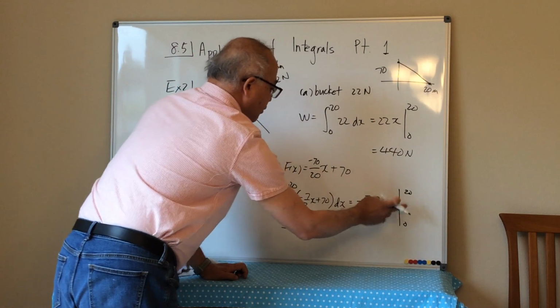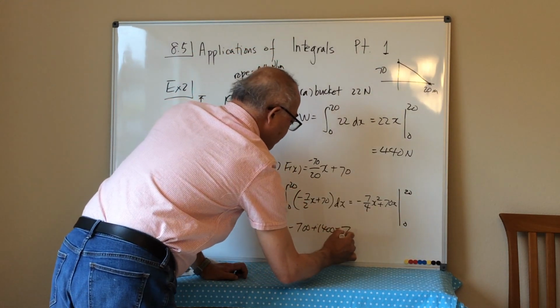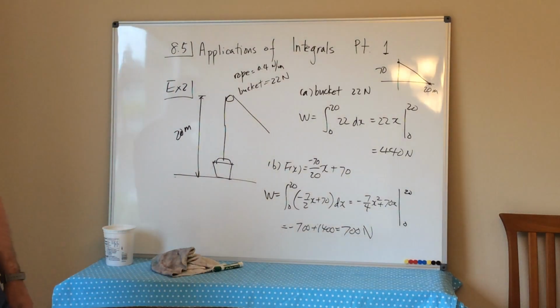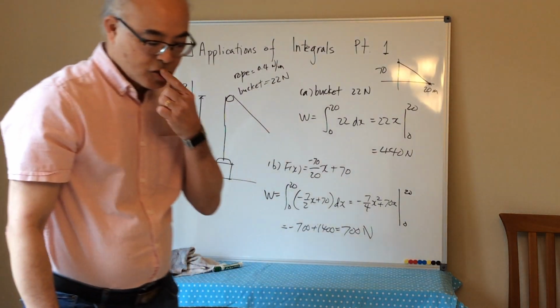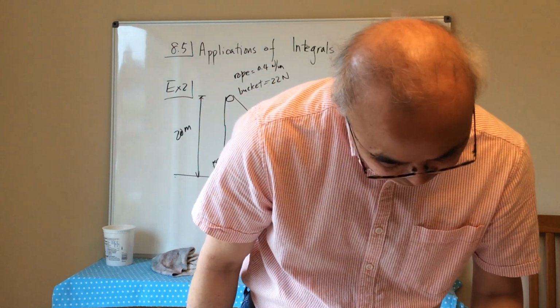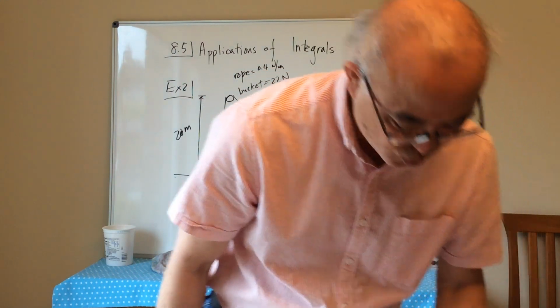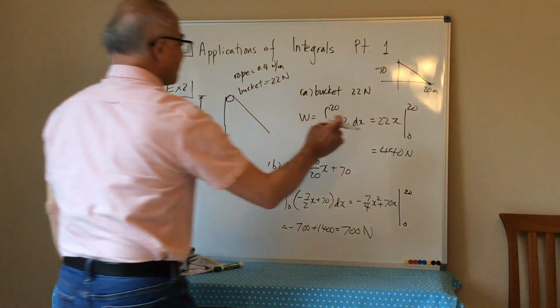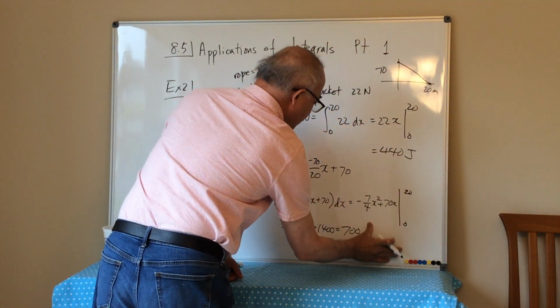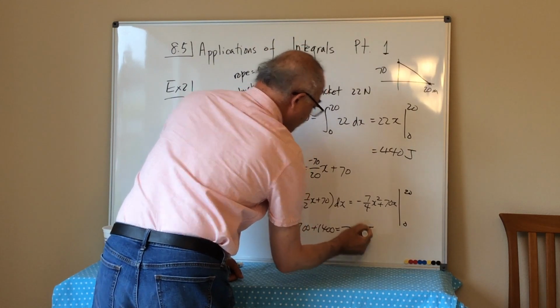I put in 0 and they both go to 0. So that's 700 newtons, I'm sorry, 700 joules. These are joules also here.